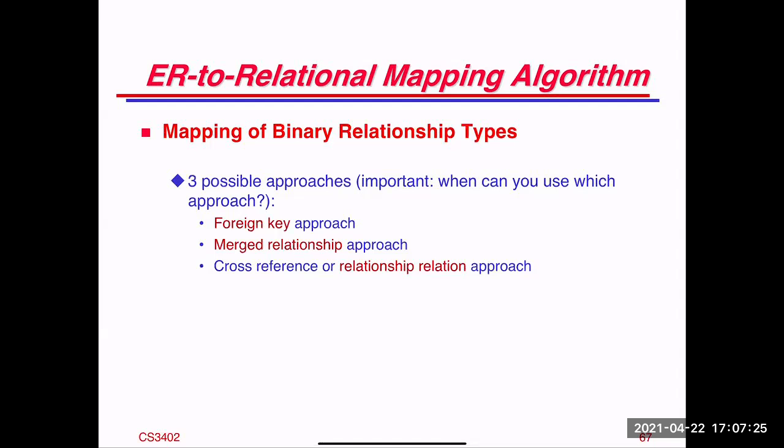Depending on which approach you're using, this also determines the number of relations that you get when you map a binary relationship from the ER model to the relational model.